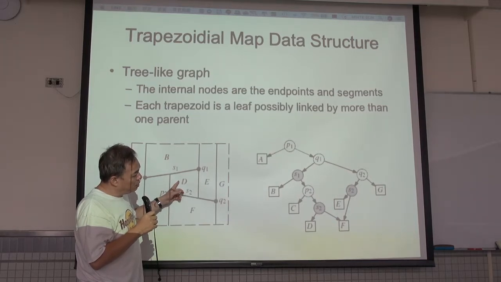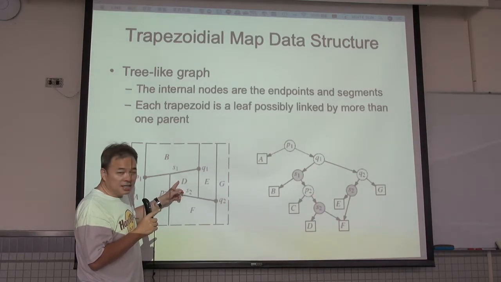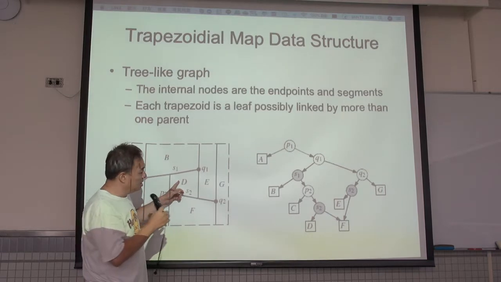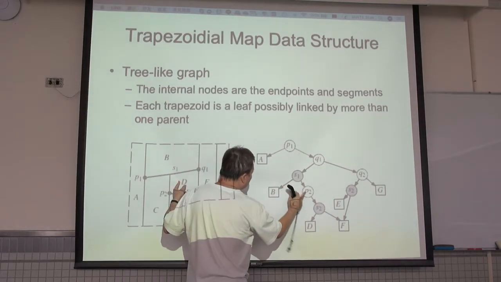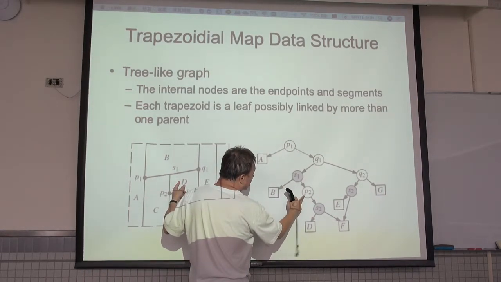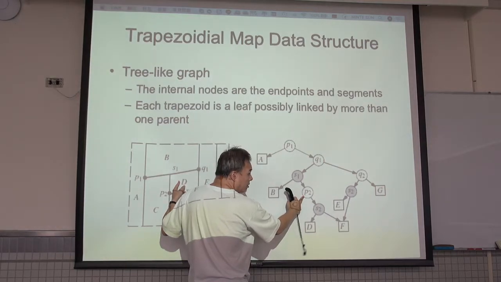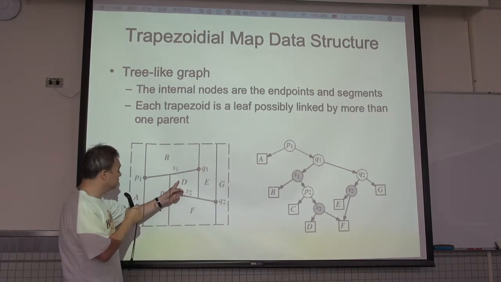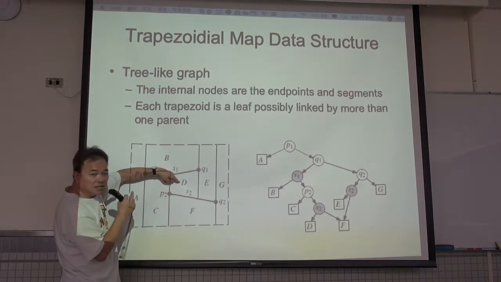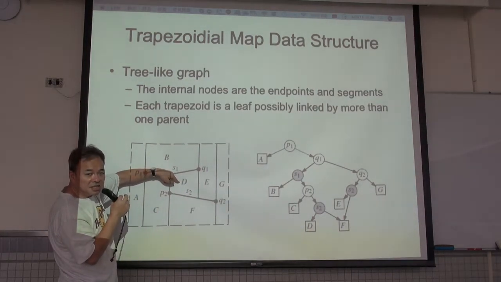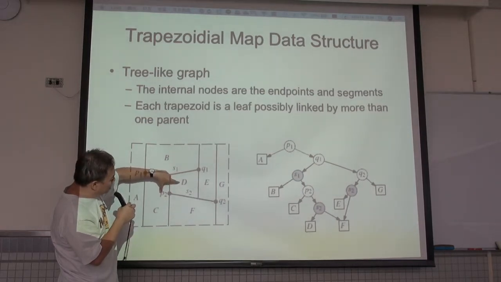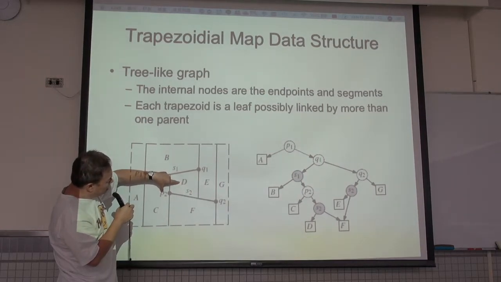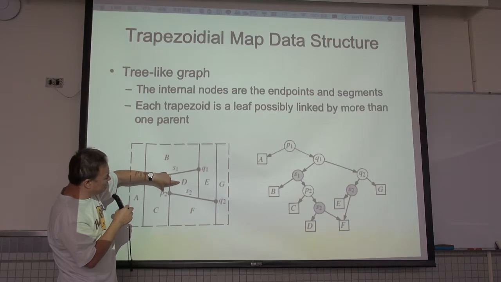So what do we see? We go to the right subtree. What do we see? P2, right? P2 is here. When you see P2, is this point on the left side or right side of P2?